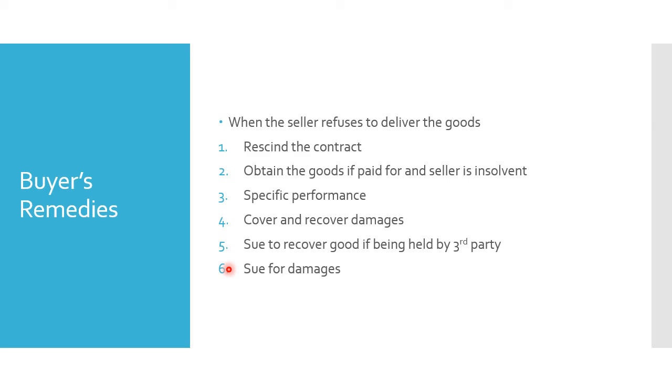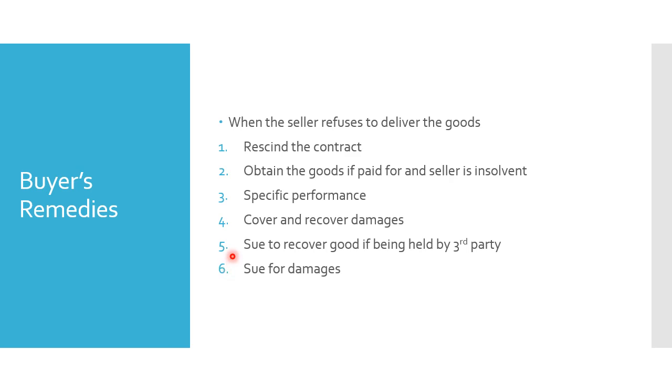An example of compensatory would be similar to the cover, right? Let's say we're still talking about the 500 chickens. So the poultry farmer doesn't show up on Friday with the chickens that I need for the weekend.